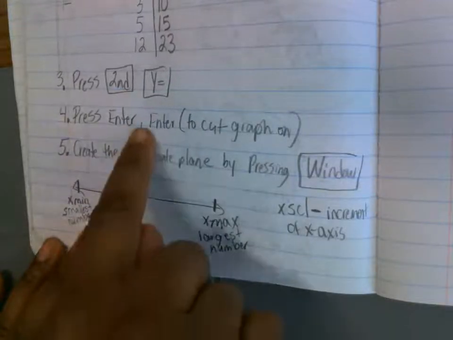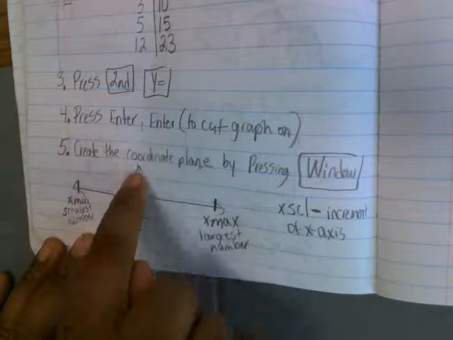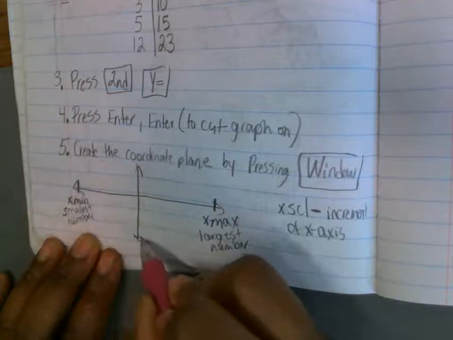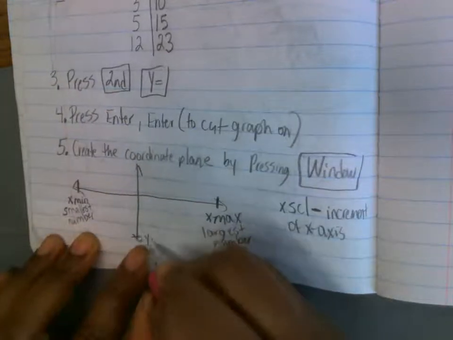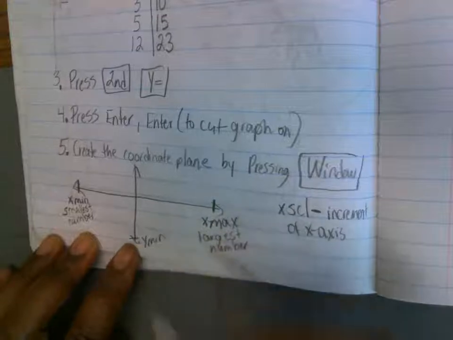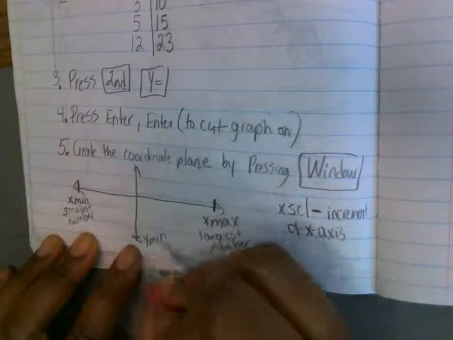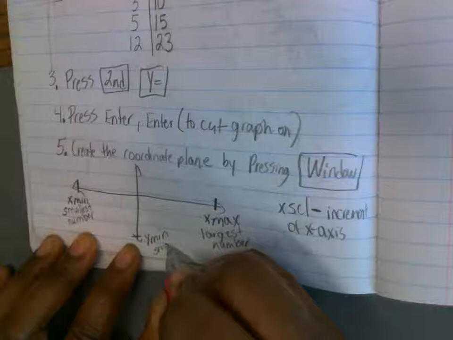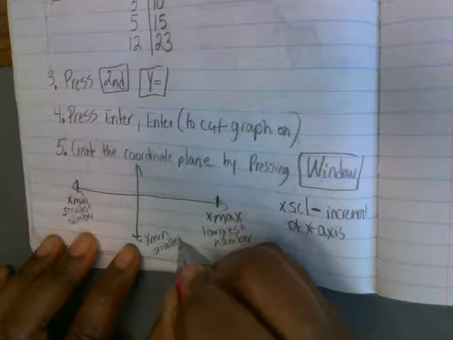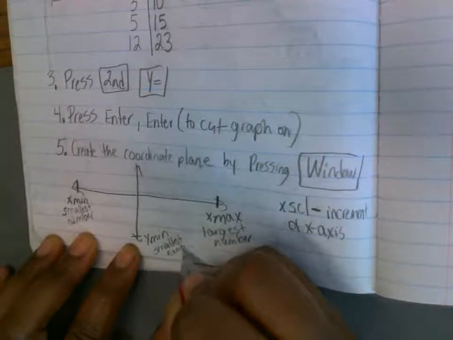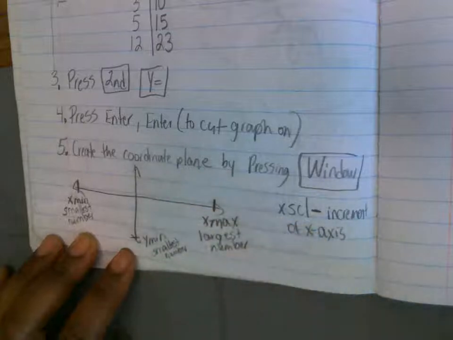Let's look at the y-axis. Your y min is the smallest number on the y-axis. So we're going to put smallest number.